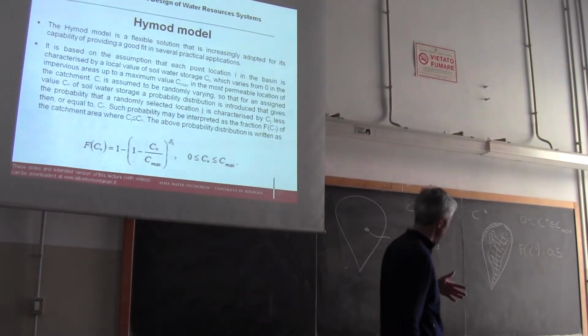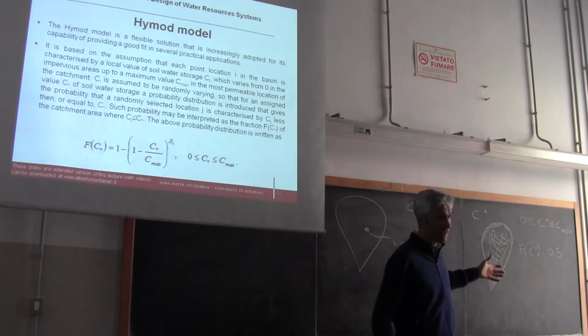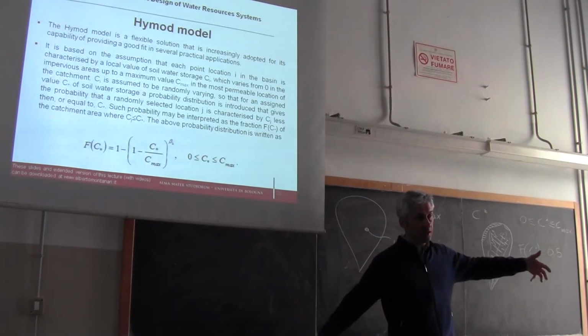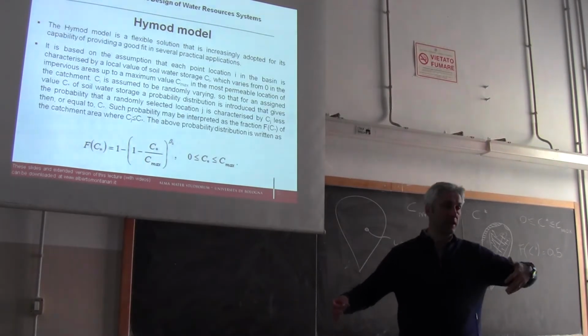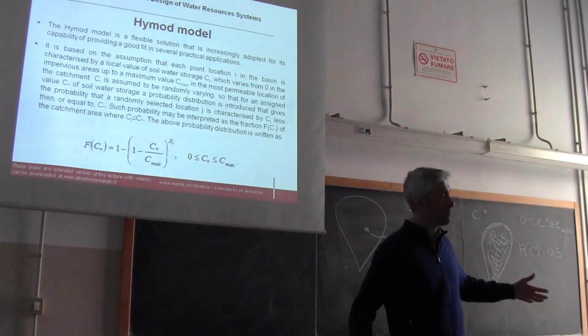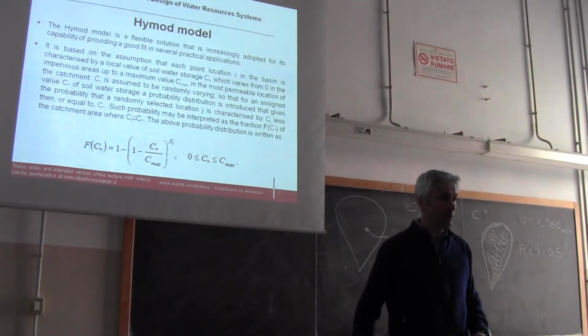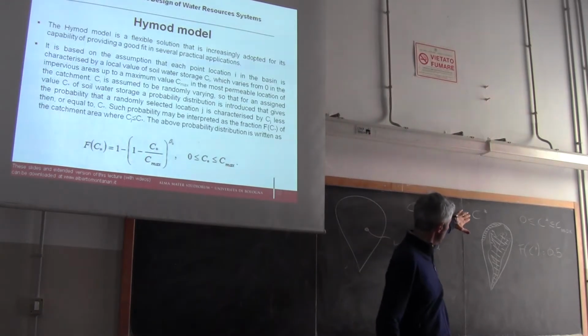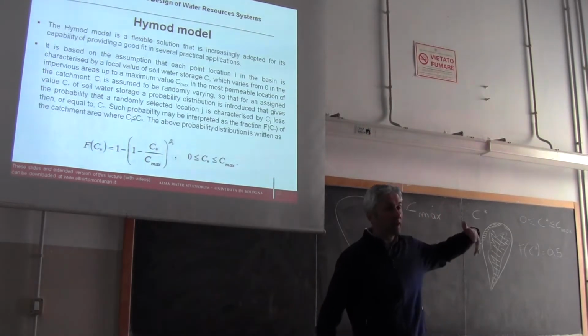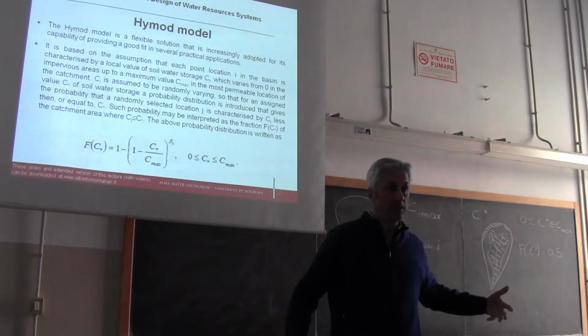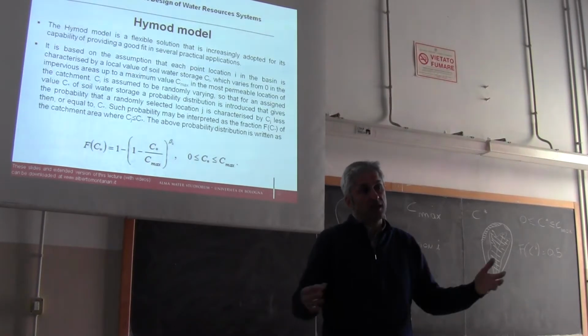Why do I say step by step? Because of course the extension of this area is dynamically varying. At the beginning of the rainfall event, the extension of the areas where storage is lower than current storage is low because the catchment is dry.